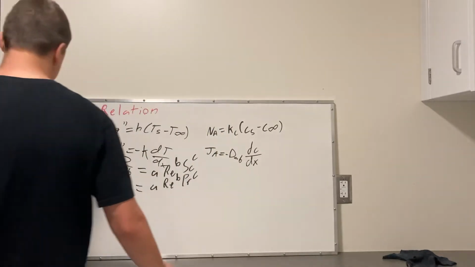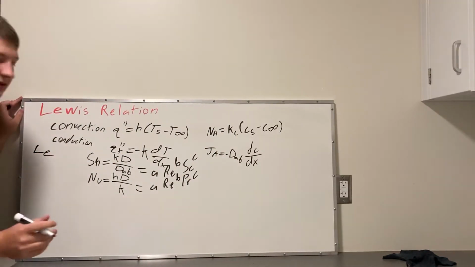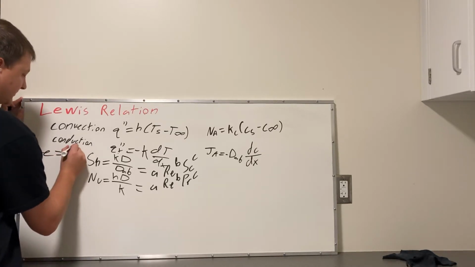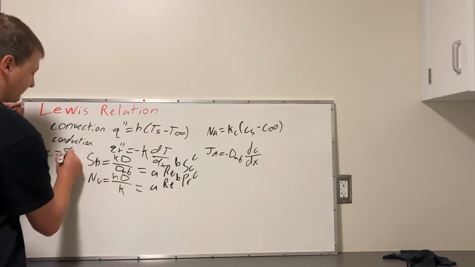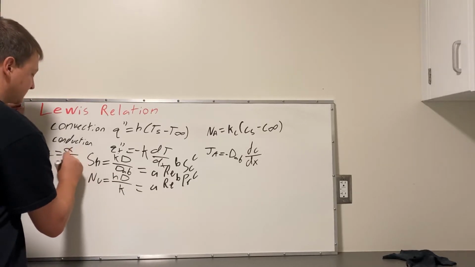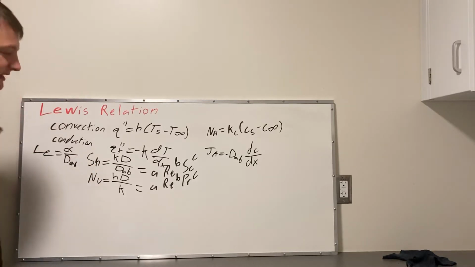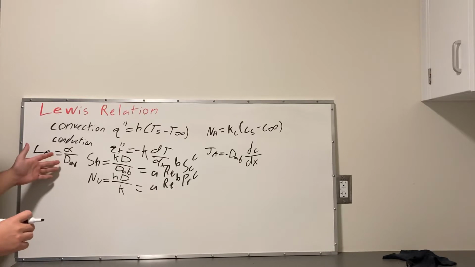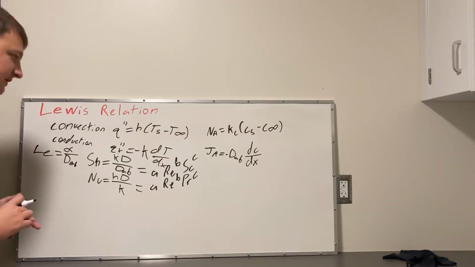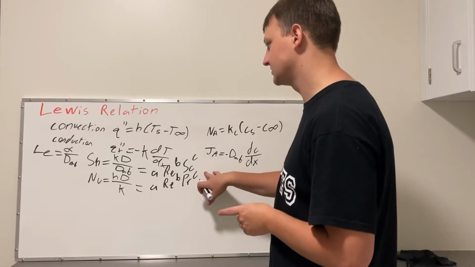Okay, so the Lewis number, which will come into play a little bit later, is the thermal diffusivity over the mass diffusivity, relating mass to heat. Now, for the relationship, we're going to need to get to a point where we can use that. So we have these two equations.